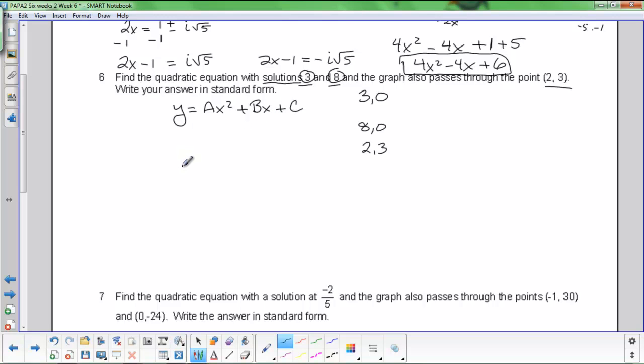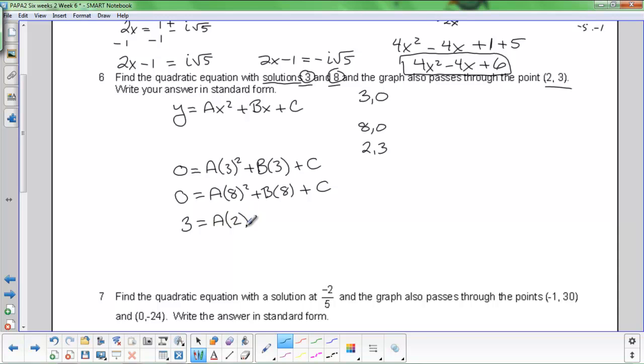The first equation is going to be 0 equals a times 3 squared plus b times 3 plus c. The second equation is going to be 0 equals a times 8 squared plus b times 8 plus c. Our third equation is going to be 3 equals a times 2 squared plus b times 2 plus c.